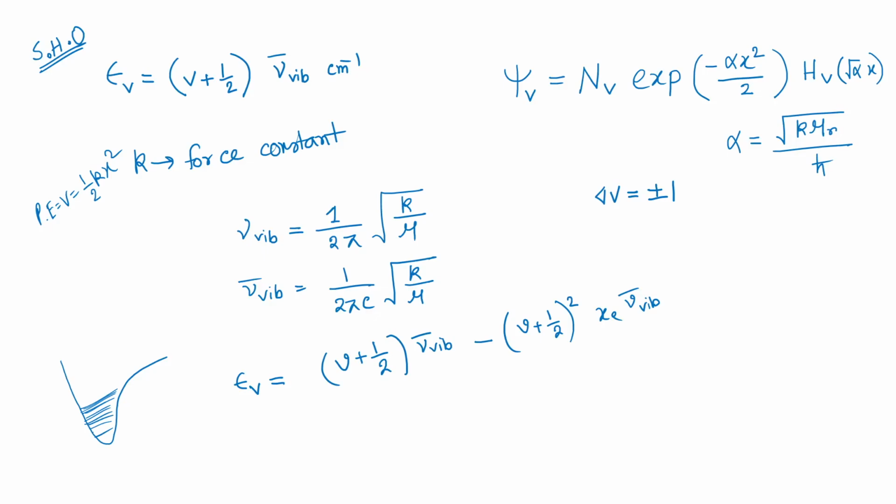This anharmonicity constant is also related to your dissociation energy by some formula. If an MCQ type question comes, what would the dissociation energy be when you approximate it to be a simple harmonic oscillator?